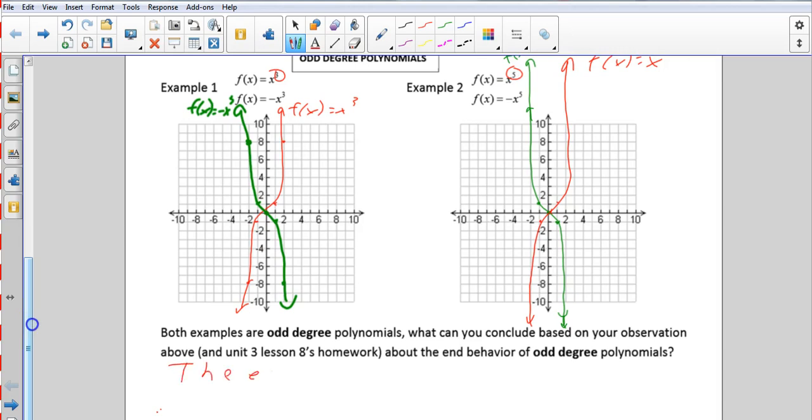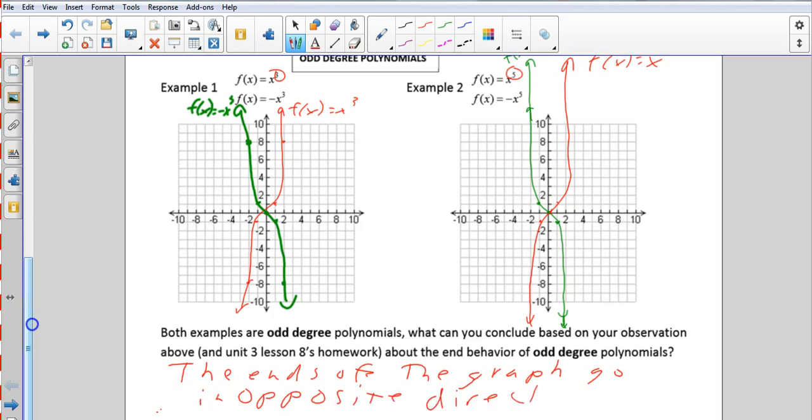Well, the ends of the graph go in opposite directions.